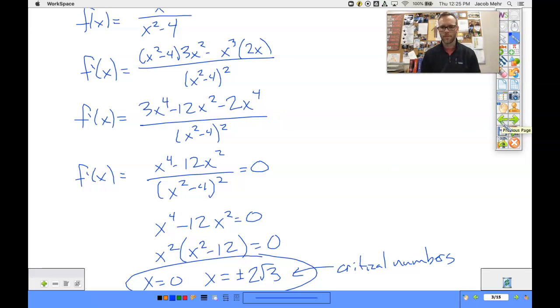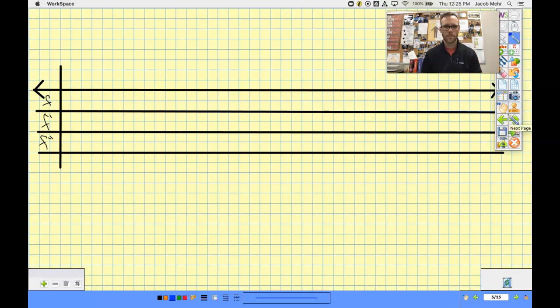So that's going to be my first value as I come from the left. I'm going to go negative infinity to negative 2 root 3. That's my first interval. Now, instead of, like in my diagrams before, I just put a vertical line at x equals negative 2 root 3, I'm actually going to give it its own column.